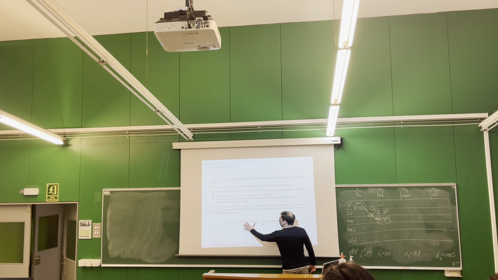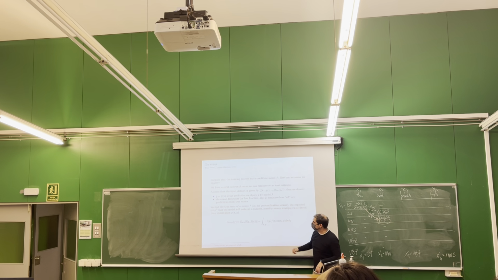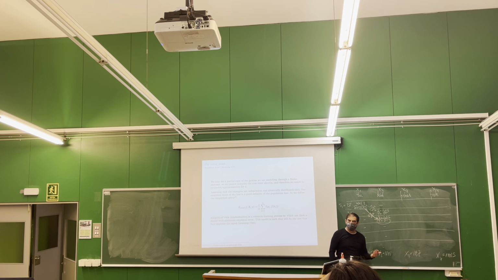This expectation can be computed in this way. Usually we cannot compute this integral because we don't know these probability parameters, but it can be approximated. This is what we call the empirical error, an approximation to the true error.